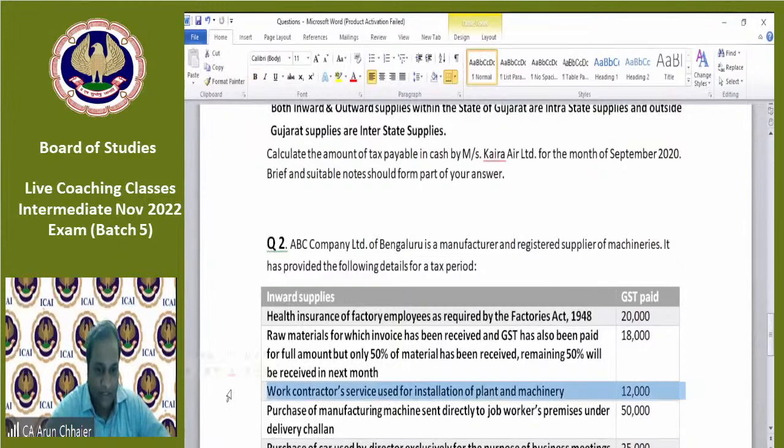Work contract service, whether you can take the ITC or not, it is blocked or available? Give me some reasoning. ITC available on the work contract service or not?